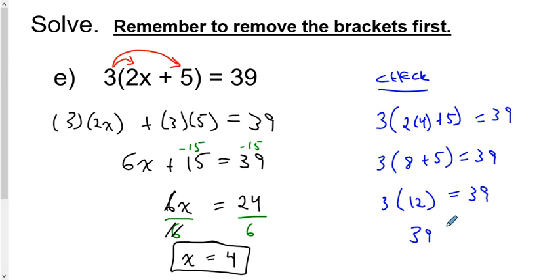Nope, it's 36. What did I do wrong? Aha, I got it. It's not 12, it's 13. Three times 13 is 39. Awesome. It's good that I checked. See, that checked out.